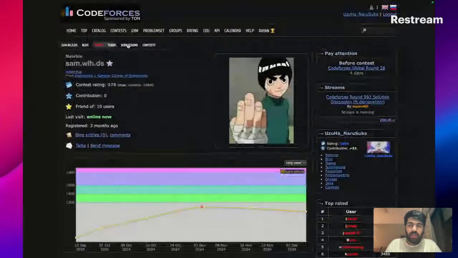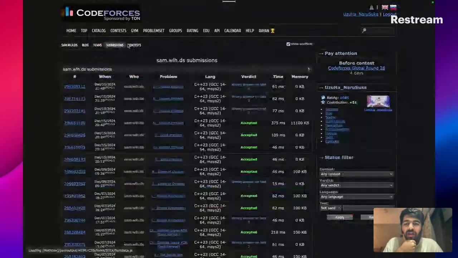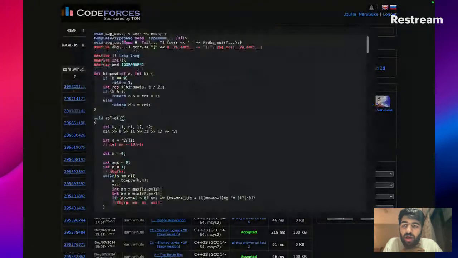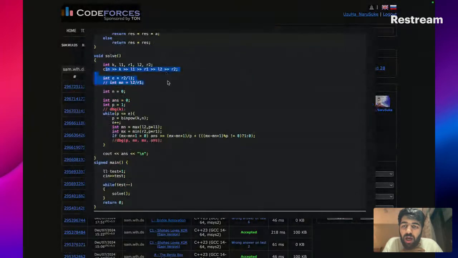So, okay, which one to solve? 1, 2, 3. First, okay. Int e is equal to R2 by L1.